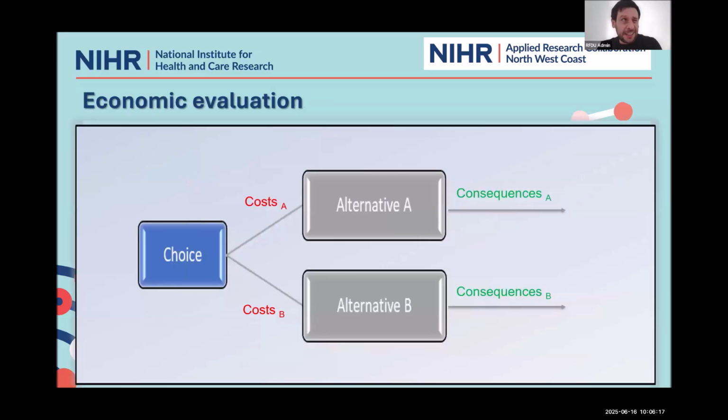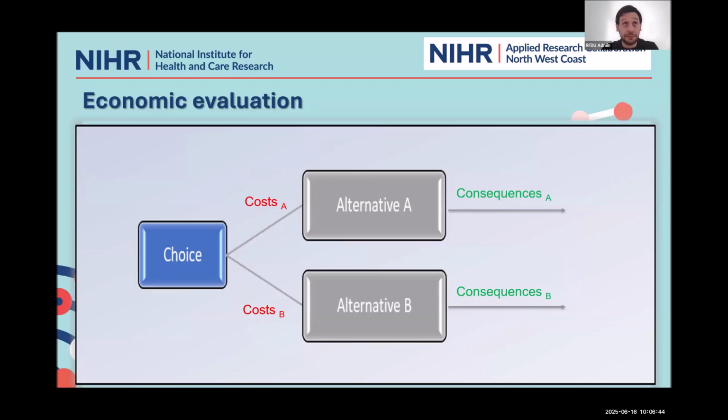Now, this is a diagram which I think you saw in session 1, if I remember well, and it's the typical diagram which depicts an economic evaluation with two alternatives. Alternatives which could be two different treatments, drugs, or generically interventions. Here we've got alternative A and alternative B, but of course we might have more than two alternatives in economic evaluations.